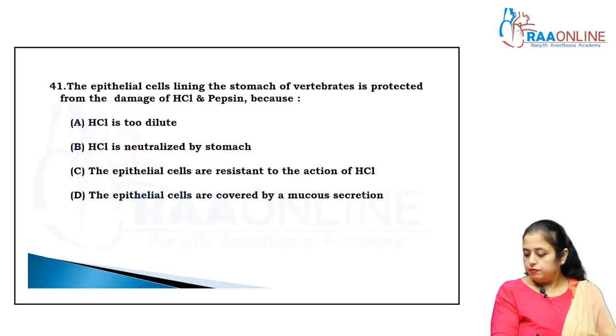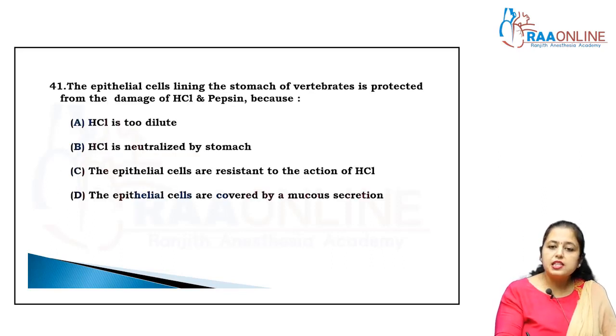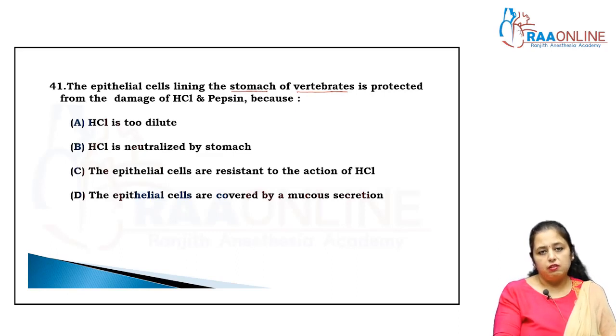Now come to question 41. The epithelial cells lining the stomach of the vertebrates are protected from the damage of HCl and pepsin because the mucous neck cells secrete mucus and it protects them from the harmful effect of HCl, right?